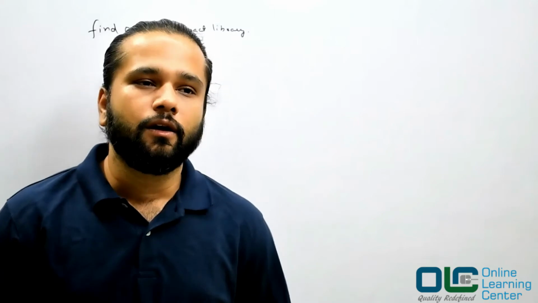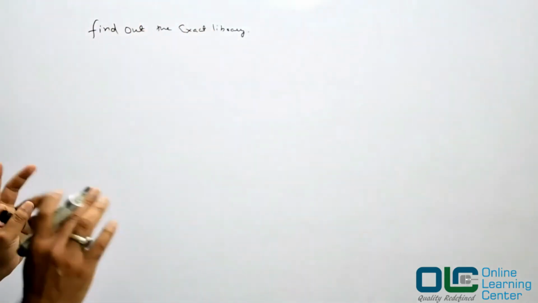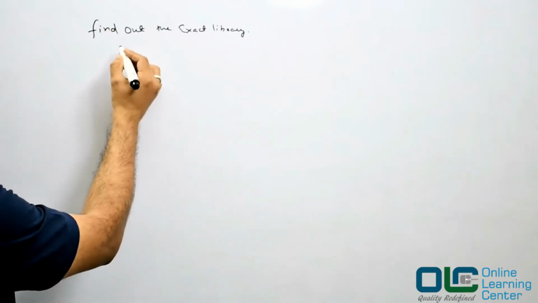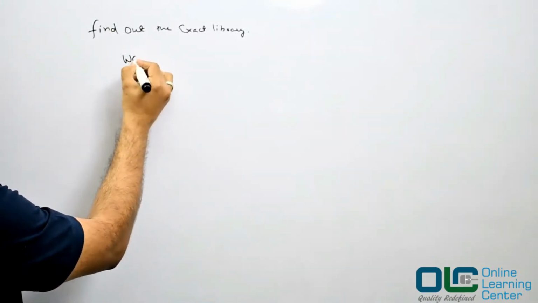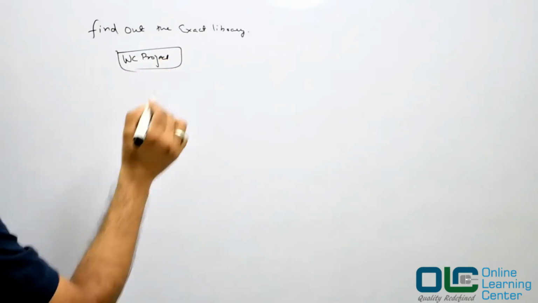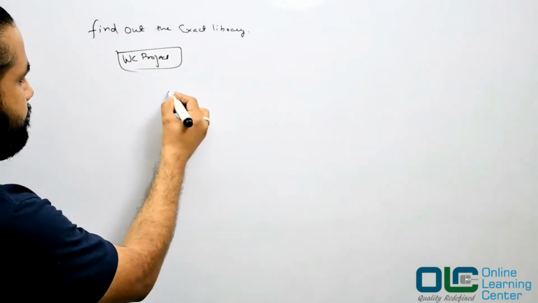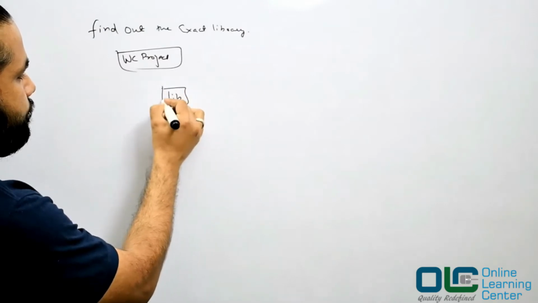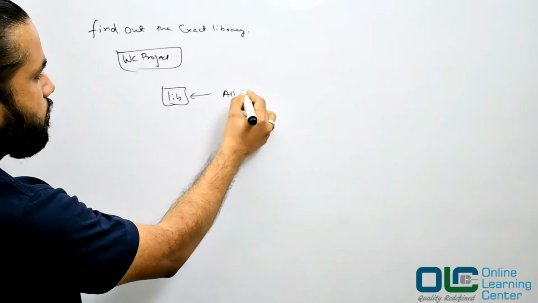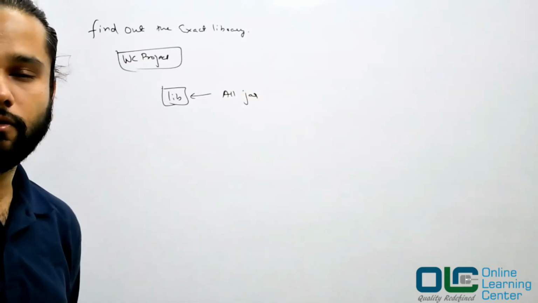All right, let's try to understand it. We already have a project called word count, wherein, if you remember, we had a lib folder where we copied all the jar files. That is what we did yesterday.